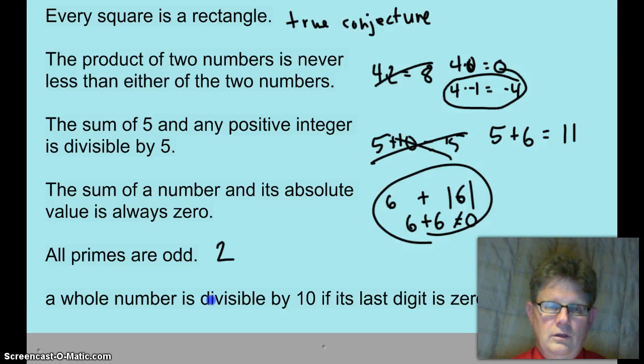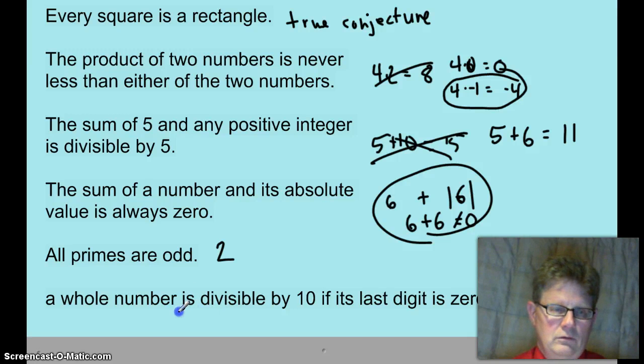A whole number is divisible by 10 if its last digit is 0. 70. Yeah, that's divisible by 10. That's not a counterexample. In fact, you're never going to come up with a counterexample because this is actually a true conjecture.